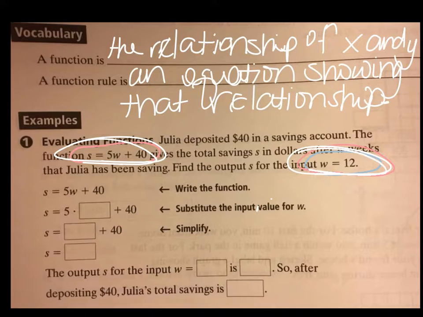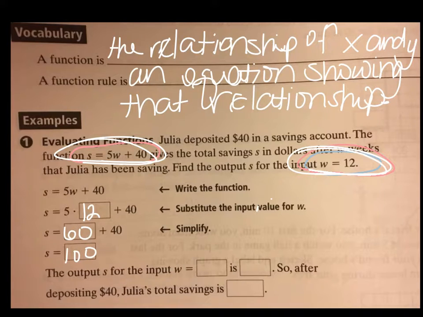Number 1, write the function rule. Number 2, substitute for W. So W should be 12. And your calculator will solve that for you. If you put in 5 times 12 plus 40, 5 times 12 is 60. 60 plus 40 is 100.